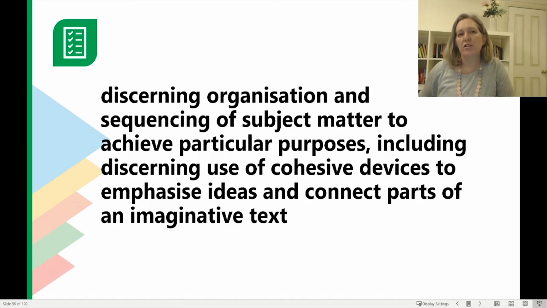So then the third descriptor in this section is the discerning organisation and sequencing of subject matter to achieve particular purposes, including the discerning use of cohesive devices to emphasise and connect parts of an imaginative text. Now, at first glance, this might look exactly the same as the last descriptor that we just had, but this one actually applies specifically to your piece of writing.